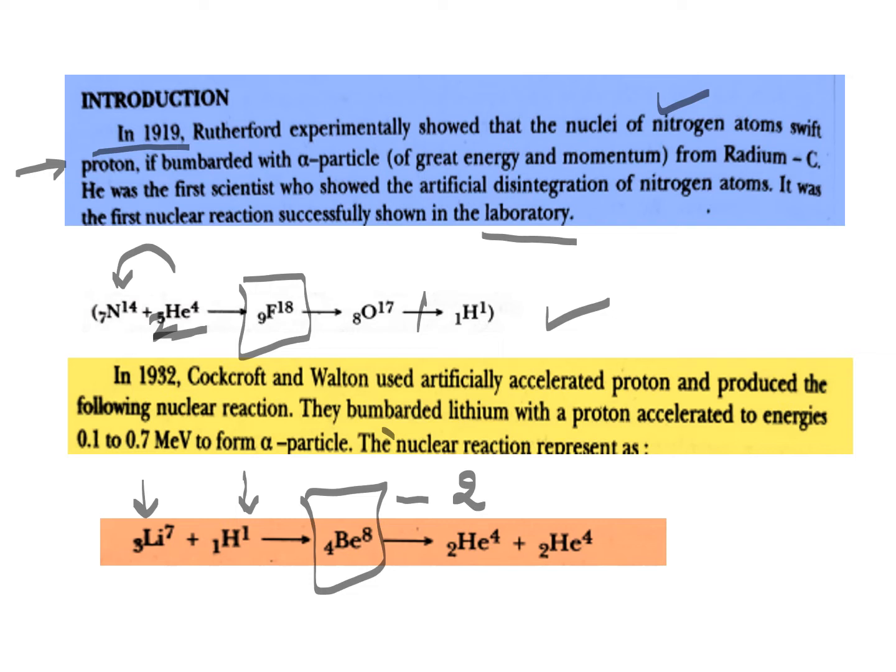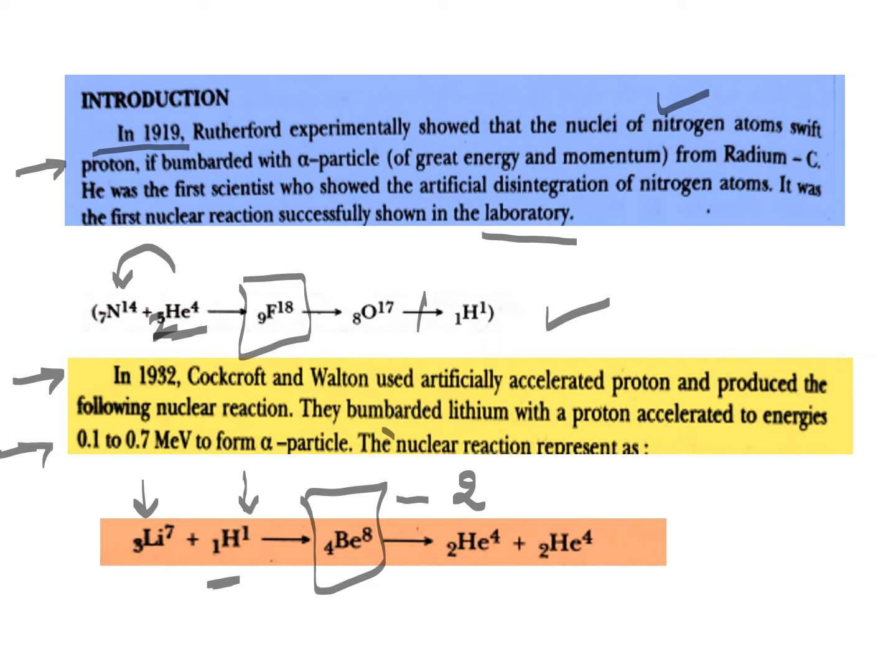This reaction was also completed in 1932 by Cockcroft and Walton with the help of artificially accelerated protons. By external energy, a hydrogen proton is accelerated with high energy and bombarded on lithium. What was that energy?